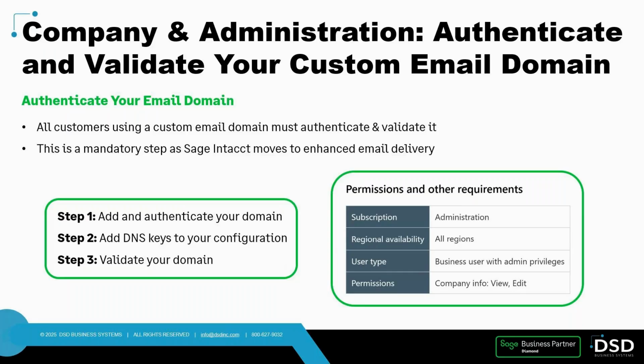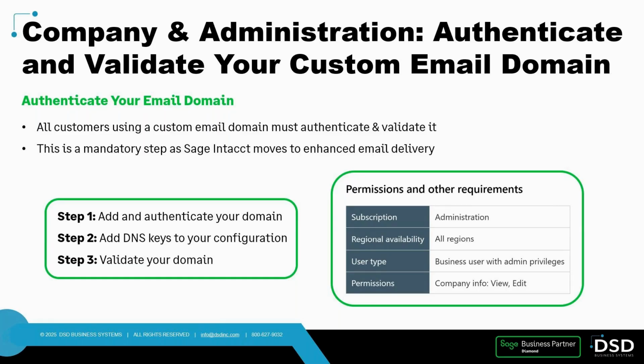Just go into your company configuration, and if you've added your domain there, you add and authenticate your domain, add DNS keys to your configuration, and then validate those. If you're not the IT person in your company, you can get assistance from that team internally.